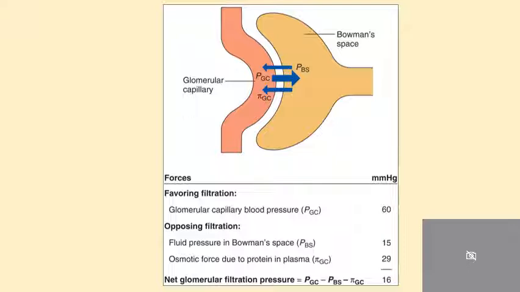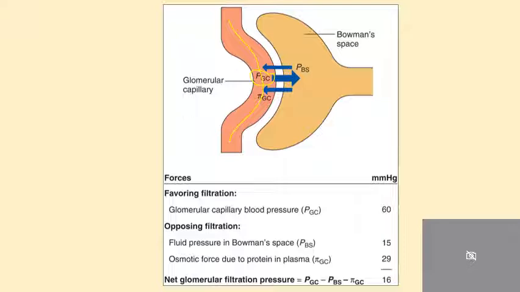So let's think about blood. Blood is inside this blood vessel, and it's going to exert a force against the blood vessel wall. Here, the author has used the terminology PGC to represent the hydrostatic force of blood against the wall of the glomerular capillary. So PGC might be a shorthand for pressure inside the glomerular capillary.